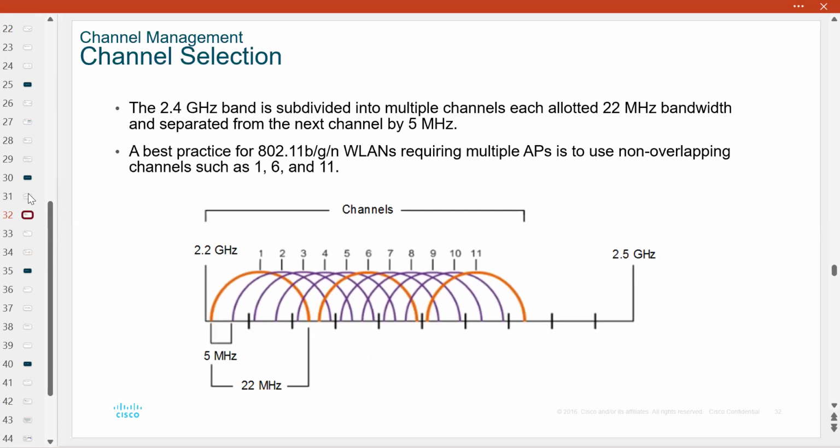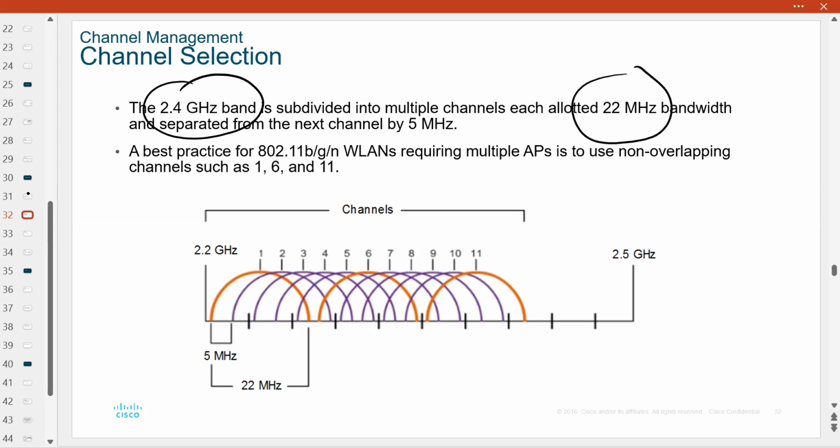The 2.4 gigahertz band is subdivided into multiple channels. We've gone through that. Every device uses a specific frequency range, and frequency ranges are subdivided into channels. The 2.4 gigahertz band is subdivided into 22 megahertz channels.